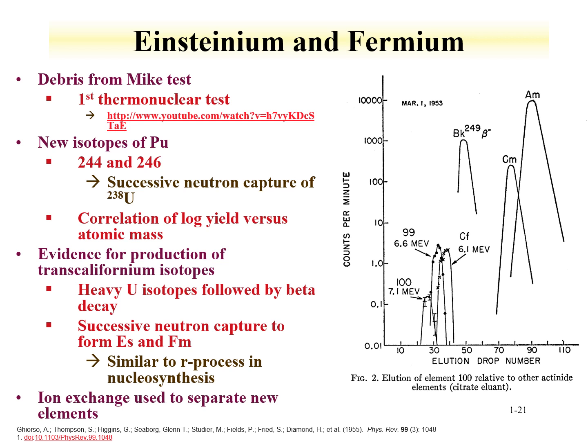This was the first time there was production of trans-californium isotopes. You would make these heavy uranium isotopes followed by beta decay, and they made einsteinium and fermium. As we will discuss in nuclear processes, this is similar to the r process, the rapid process that stars go through, and how elements are made. As we described earlier for americium and curium, ion exchange was used to separate these elements.